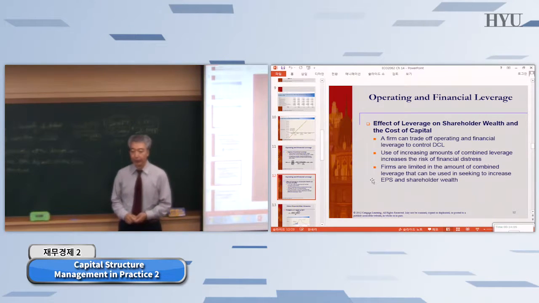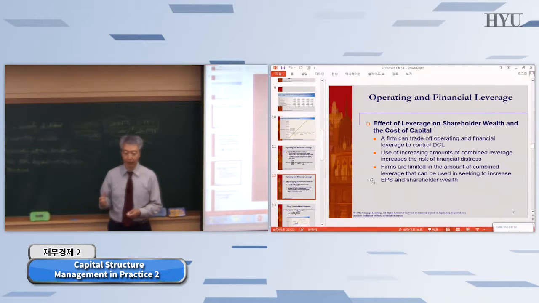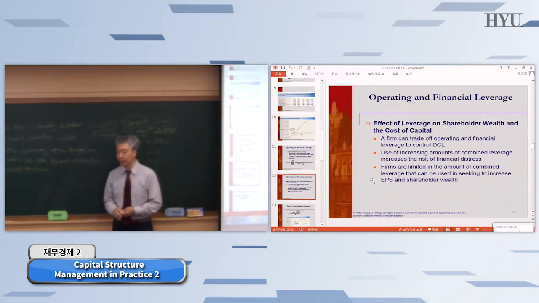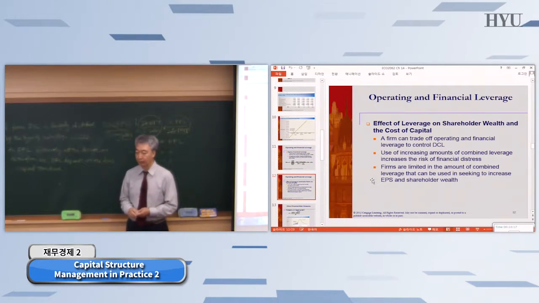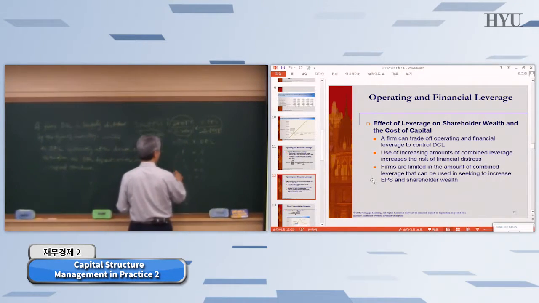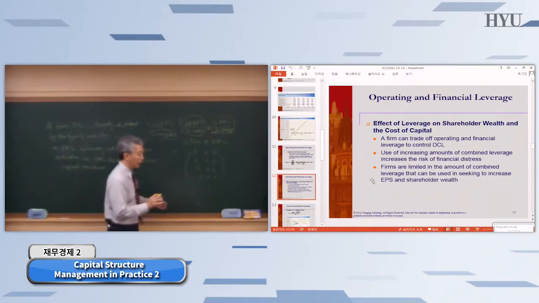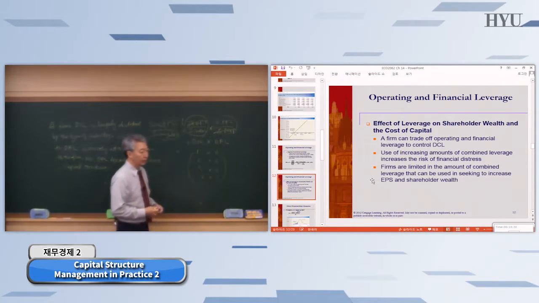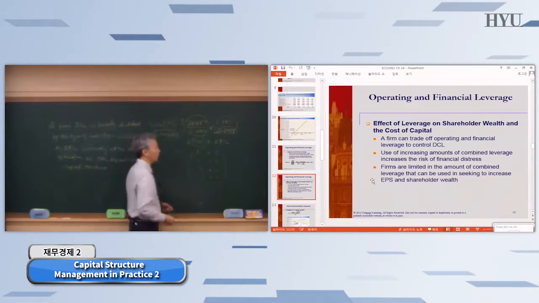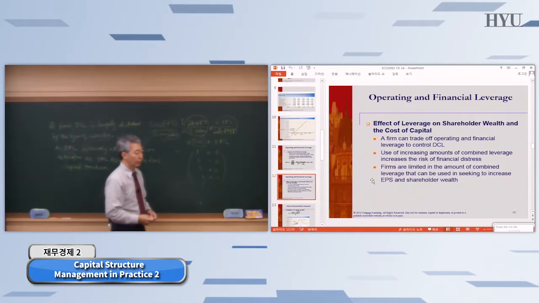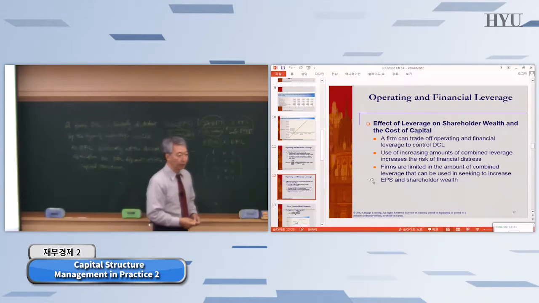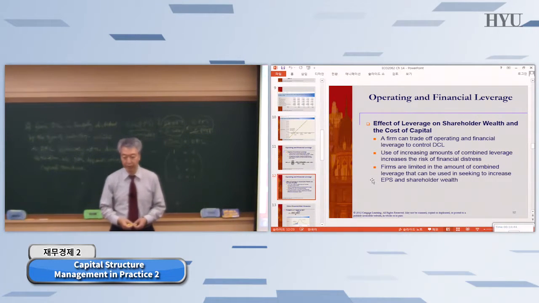So when the company has a higher debt equity ratio, that represents higher fixed interest charge, and DFL increases. So the company has choices like this, they can trade off between DOL and DFL. In reality, DOL is largely given. The company has to accept a certain level of DOL depending on what industry the company is in.